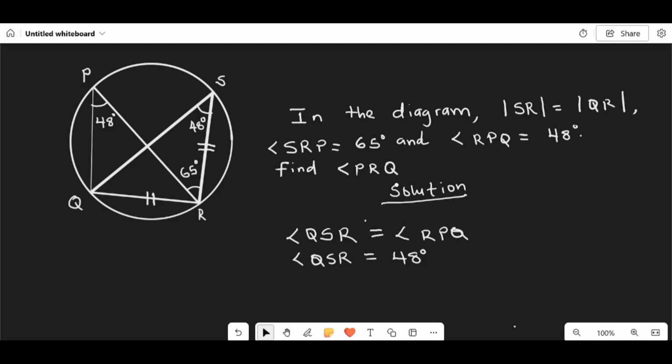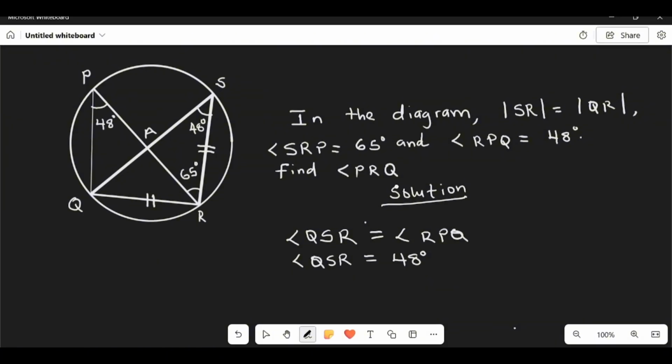Now the next thing that we need to do is let us label this point A. Let us consider this triangle XAR.